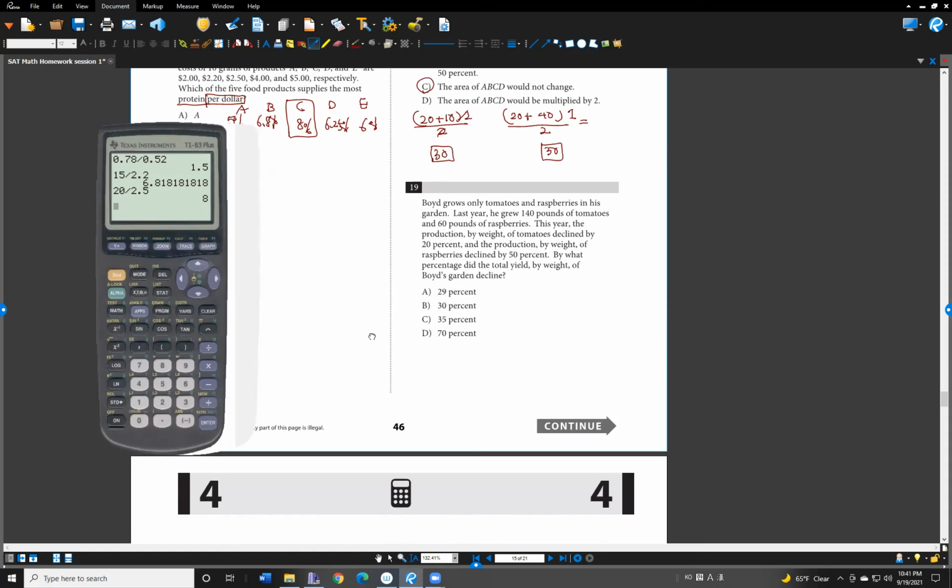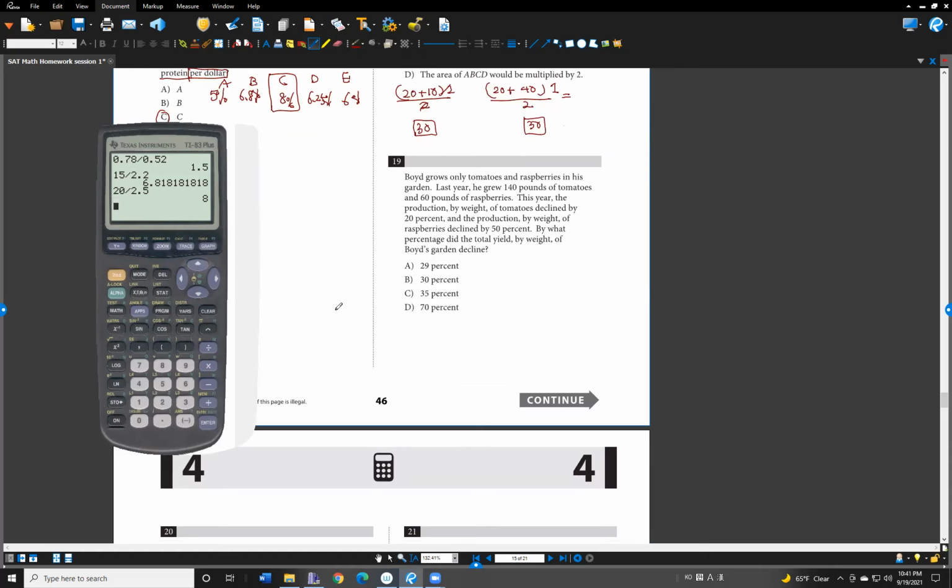All right, number 19. Boyd grows only tomatoes and raspberries in his garden. Last year, he grew 140 pounds of tomatoes and 60 pounds of raspberries. Okay, tomato is 140 pounds. Raspberries is 60 pounds. This year production by weight, tomato decreased 20%. So times 0.8, you know, this is actually 1 minus 0.2, that is a decrease of 20%.